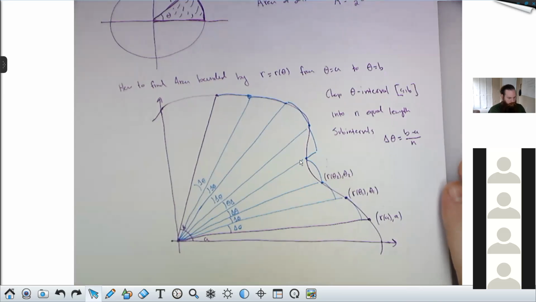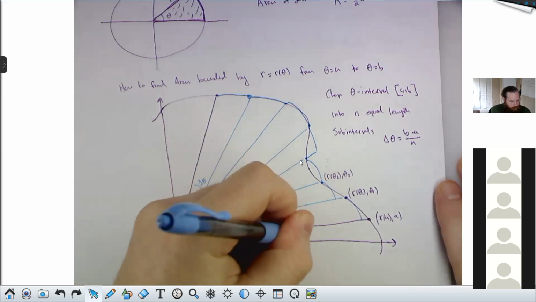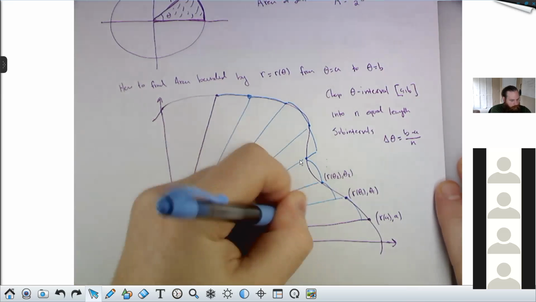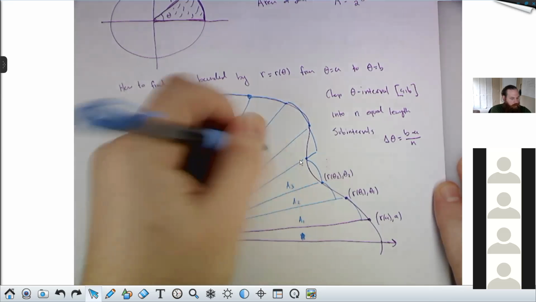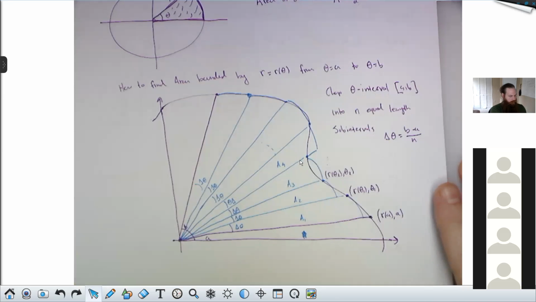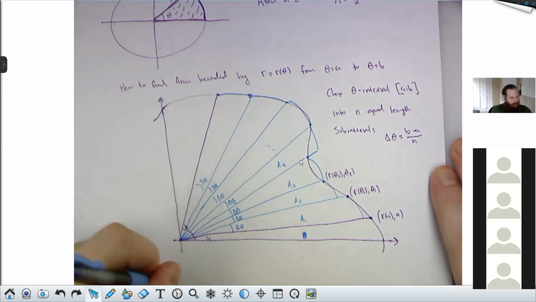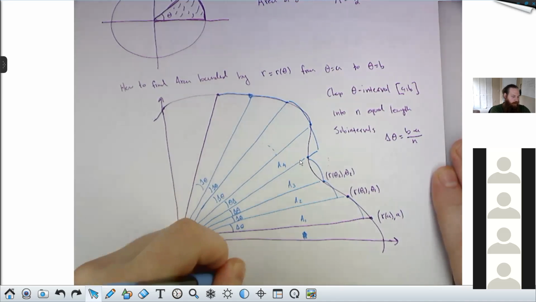And each of the little areas I'll call A1, A2, A3, A4, and so on. So my total area A is approximately the sum from i equals 1 to n of A_i.